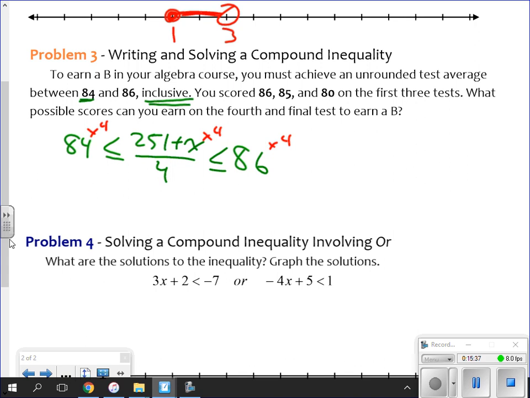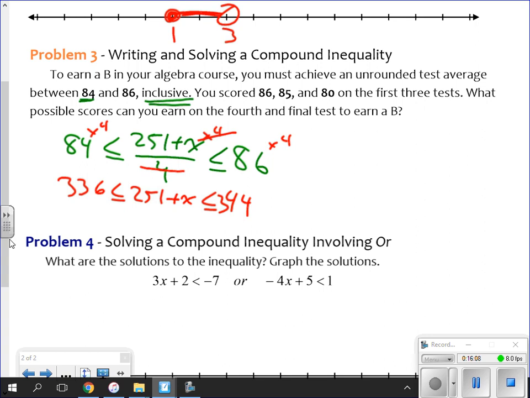Somebody please tell me what 84 times 4 is. 336. Less than or equal to, and here this 4 and this 4 cancel, so I get 251 plus x, which is less than or equal to, what's 86 times 4? 344.